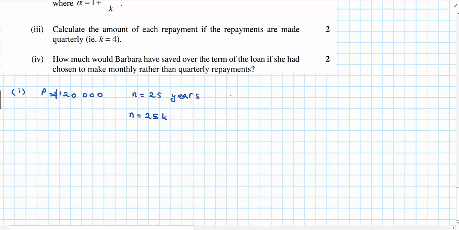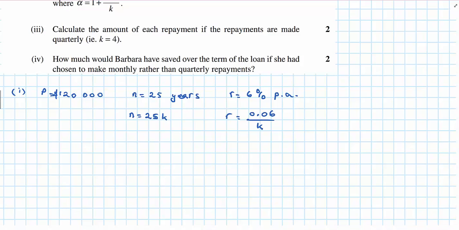And the rate is 6% per annum, but in this case I need to divide that by K, just like if it was monthly, we divide by 12.